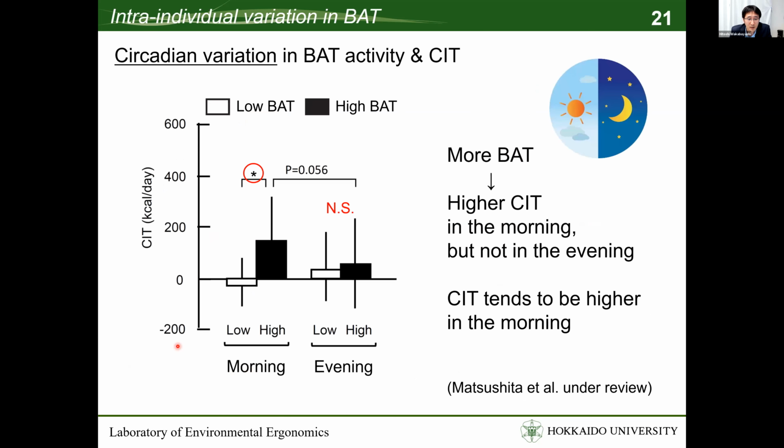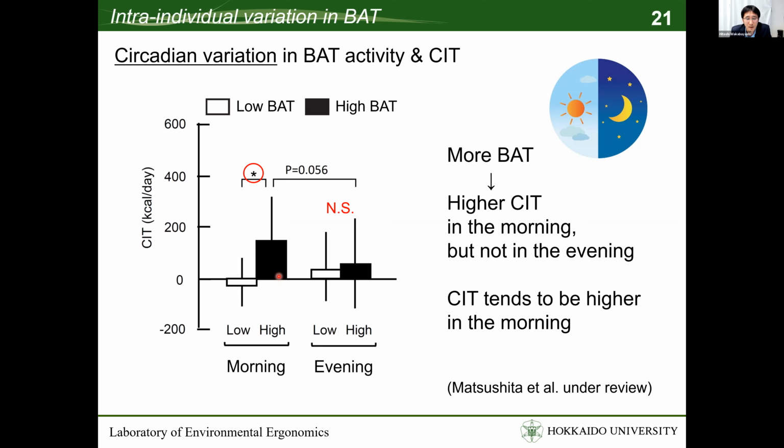And recently, my research colleague, Dr. Matsushita, investigated the circadian variation in BAT activity and cold-induced thermogenesis. This figure shows the cold-induced thermogenesis in mild cold environment in the morning and evening in low and high BAT group.